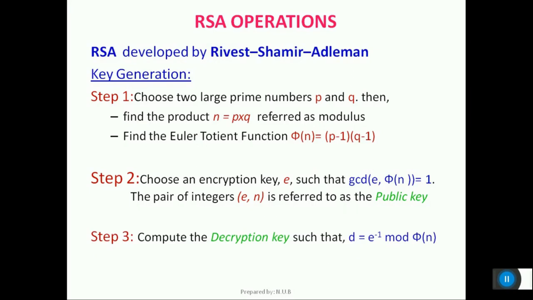The next step is finding the decryption key. For that, find a number D such that D is equal to E inverse mod phi n, which is also D times E is equal to 1 mod phi n. Now the combination D and N is called the private key.